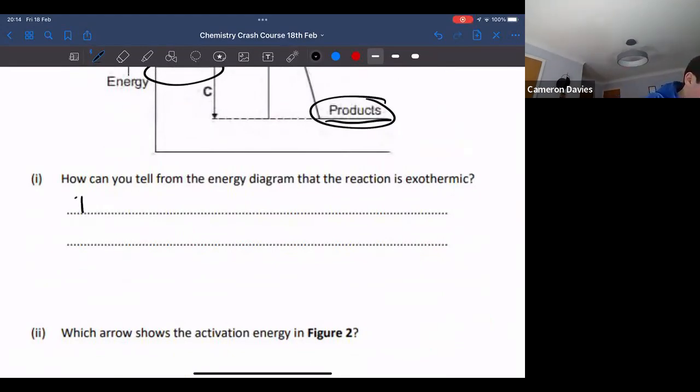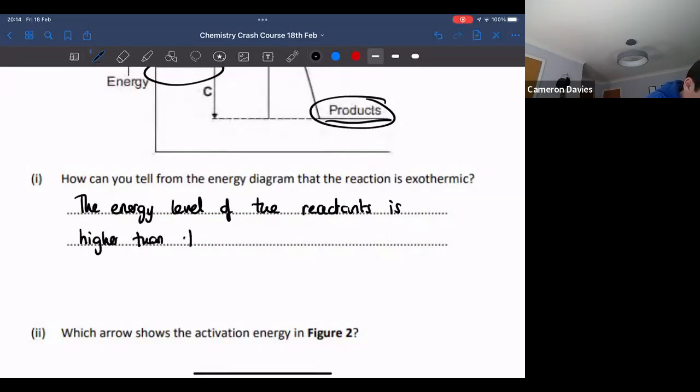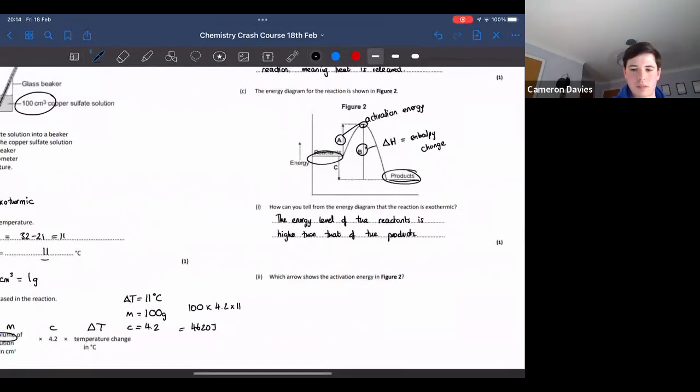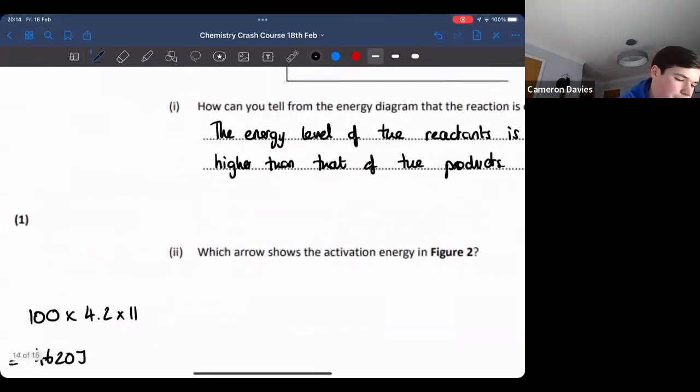So the energy level of the reactants is higher than that of products. And then it says which arrow shows the activation energy in figure 2. This will now come in useful for the annotations we did before. As we said, it was A.